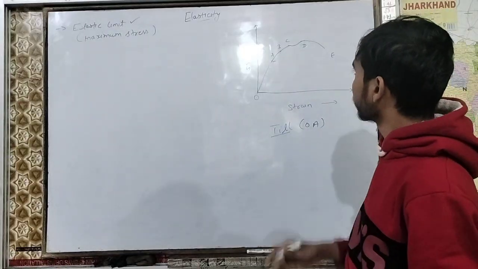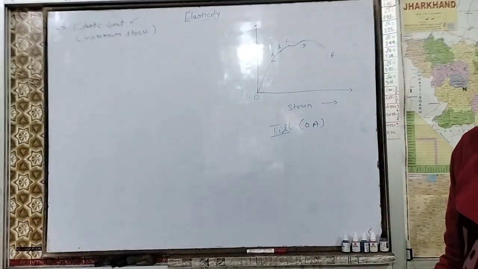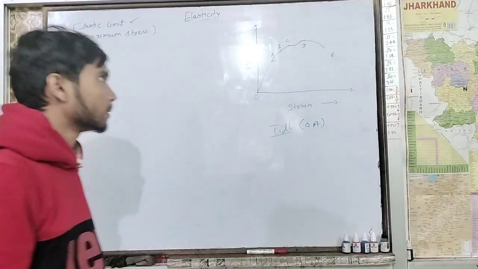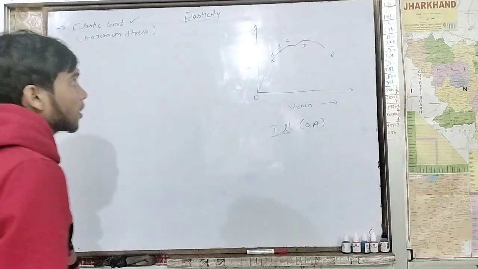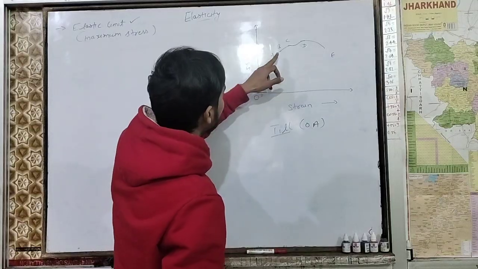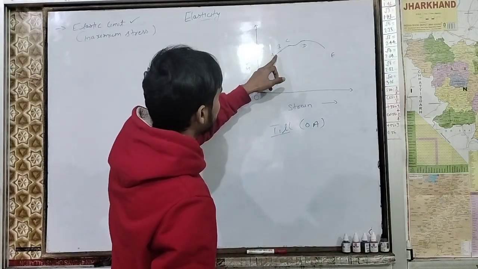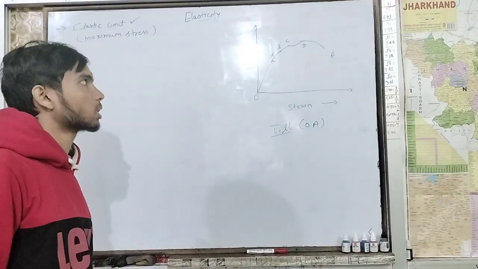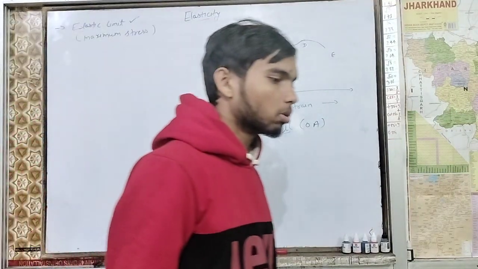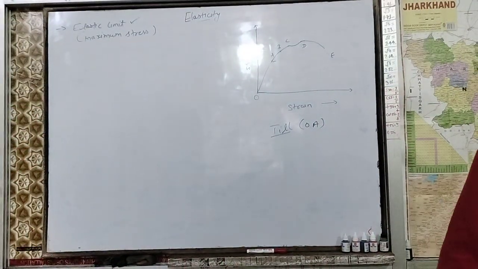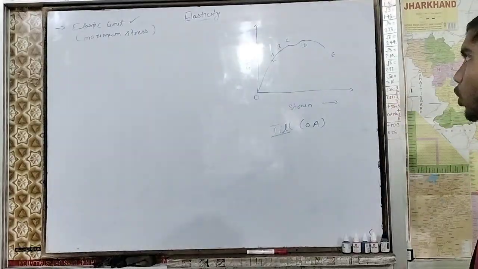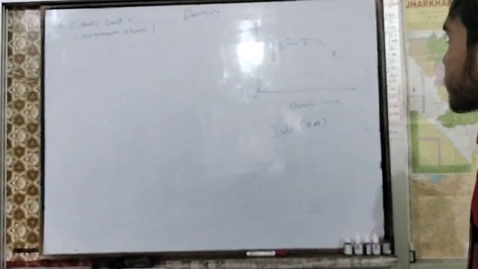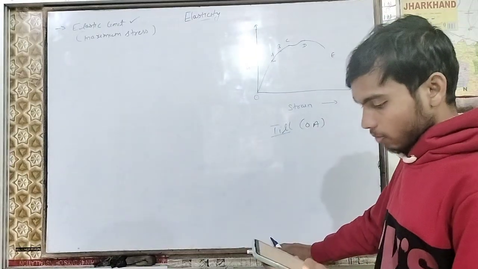But after this, from A to D, this is not constant. Means stress is not proportional to strain. For example, if strain is at 7, over here the strain will be something else, I think 9 or 7, but not exactly the same.